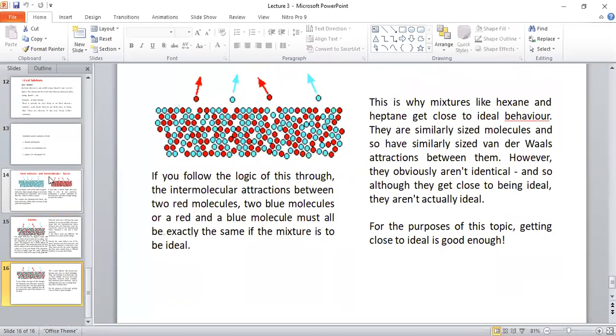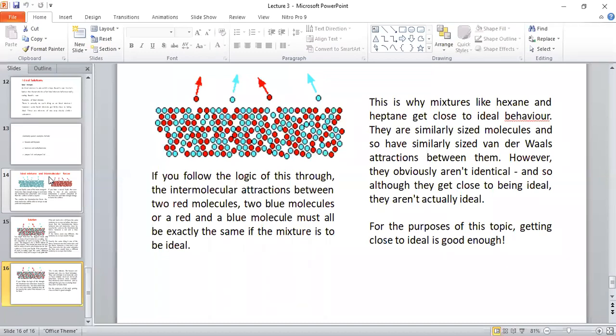What I mean is, if you follow through the logic of what I just explained, the intermolecular attraction between 2 red molecules will be the same as the one between 2 blue molecules, will be the same as the one between a red and a blue molecule.